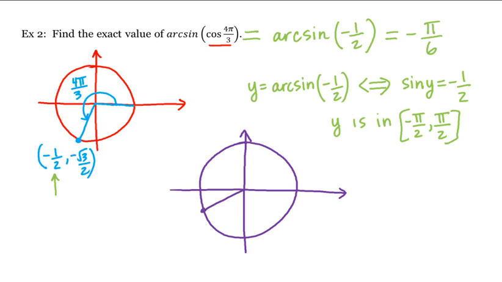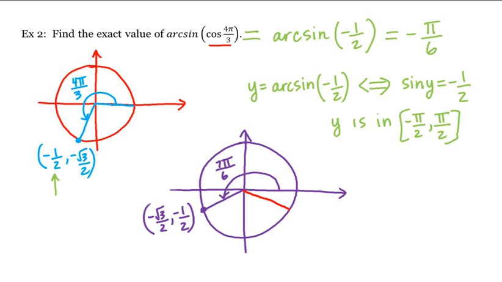we know that the terminal side of this angle, which is 7 pi divided by 6, intersects the unit circle at negative square root of 3 over 2, negative 1/2.